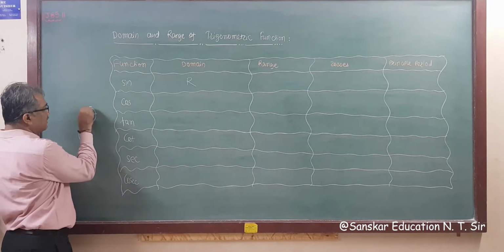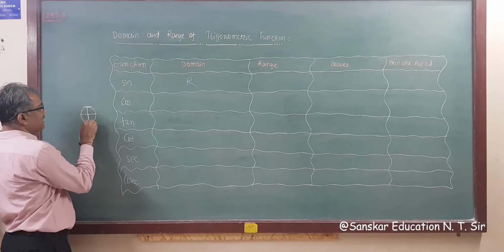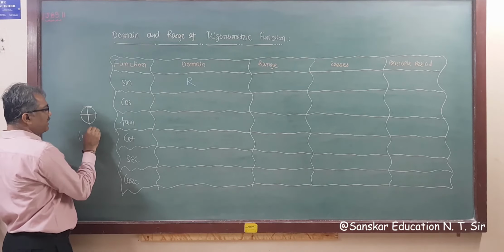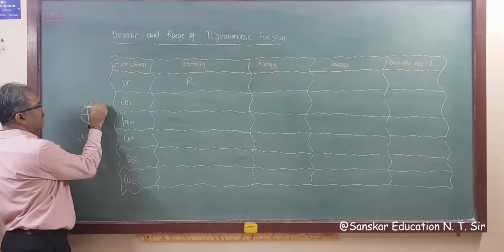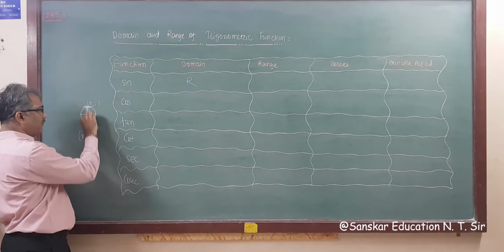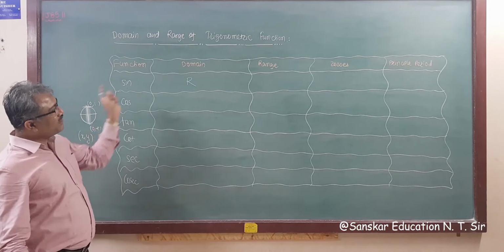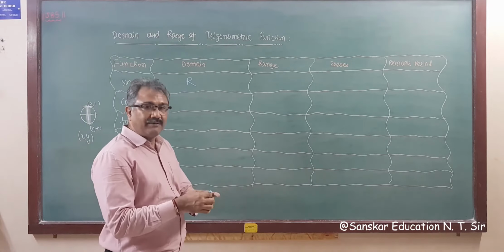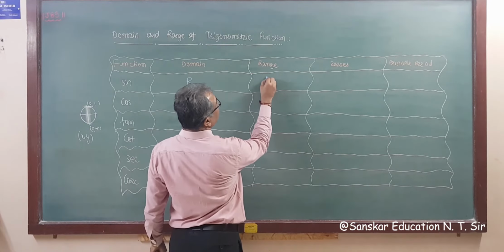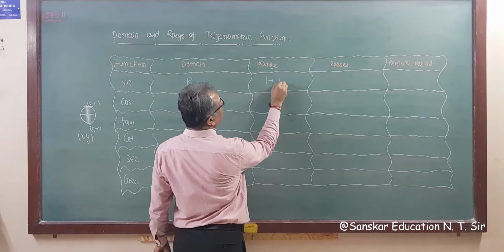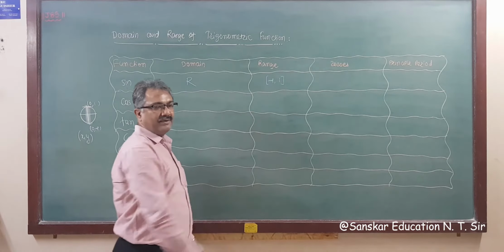So in the unit circle, if you go here, this is the maximum length, this point is 0, minus 1 and this is 0, 1. So the range of both cos and sine functions has minimum minus 1 and maximum 1. So the range of the sine function is also minus 1 comma 1, that is the closed interval minus 1 comma 1, right?